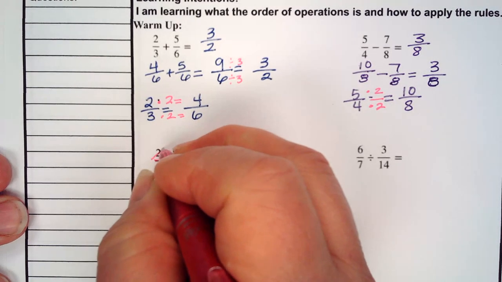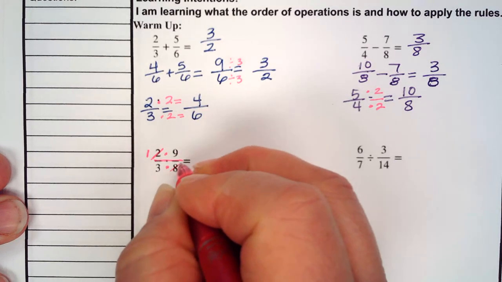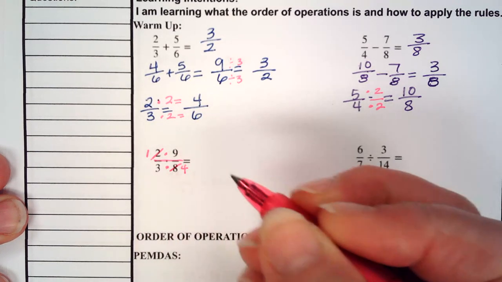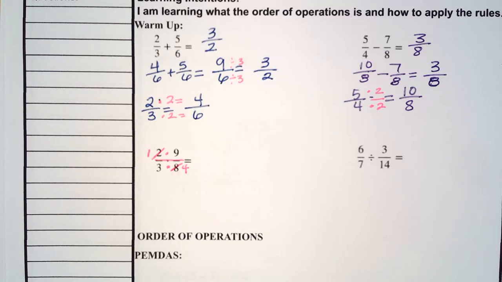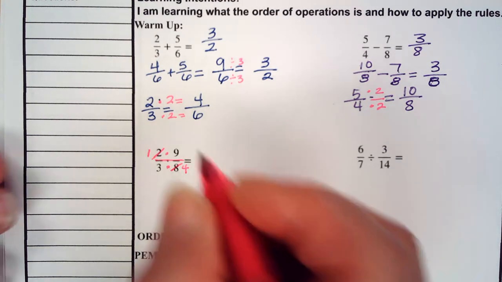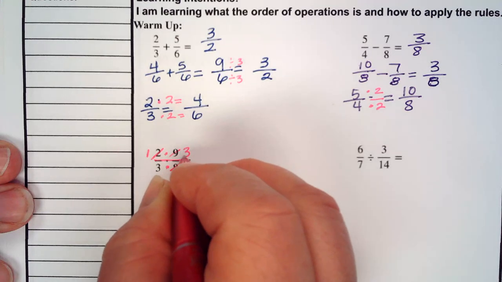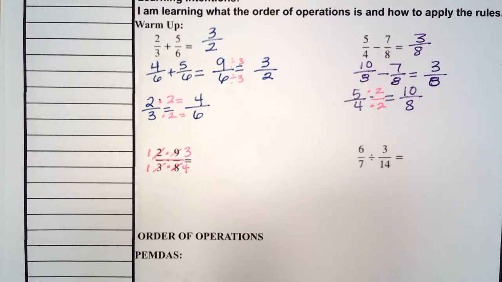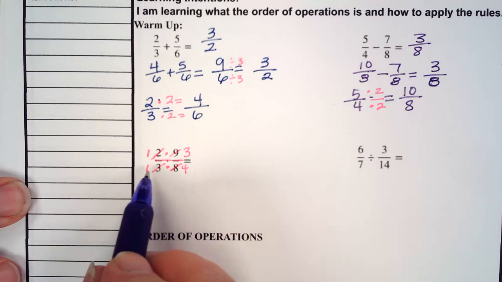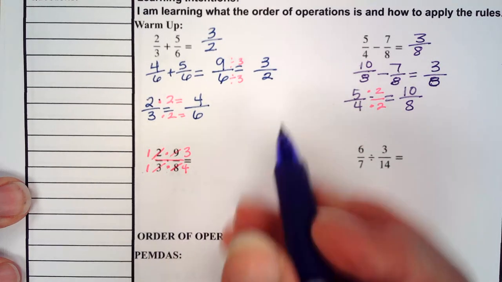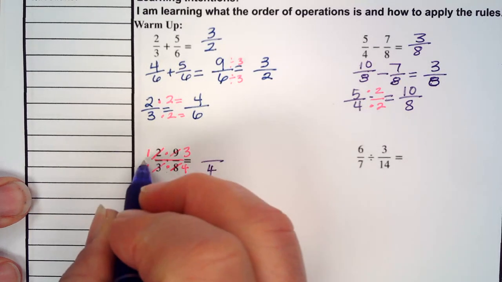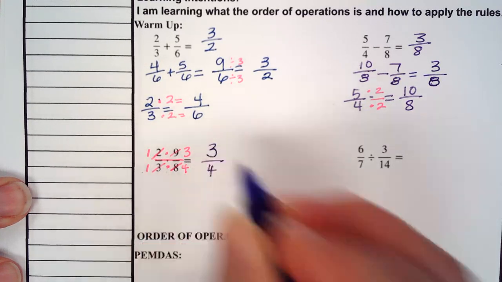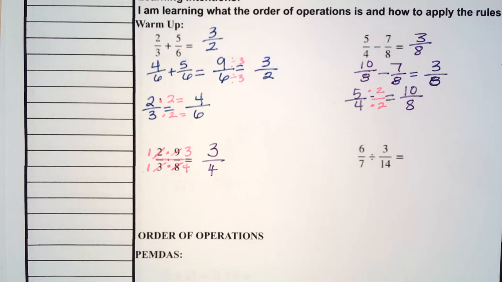So 2 divided by 2 is 1. 8 divided by 2 is 4. The same thing happens with the 3 and the 9. 9 divided by 3 is 3. 3 divided by 3 is 1. Now I'm ready to multiply straight across. 1 times 4 is 4. 1 times 3 is 3. And I'm done.